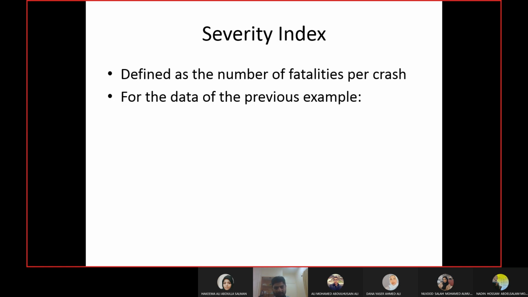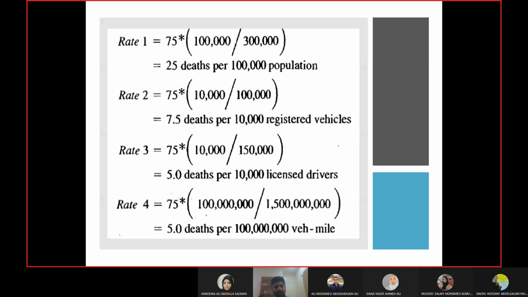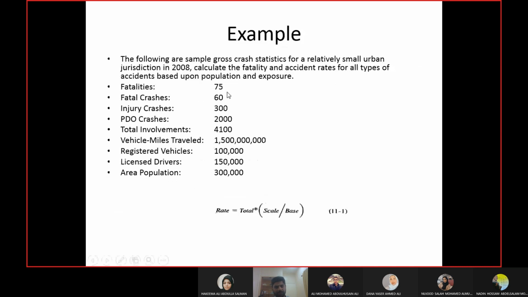Okay. So for our example, the example which we did last time, we had 75 fatalities and 2,360 crashes. So 2,000 PDO, 300 injury, and 60 fatal. So total was 2,360.